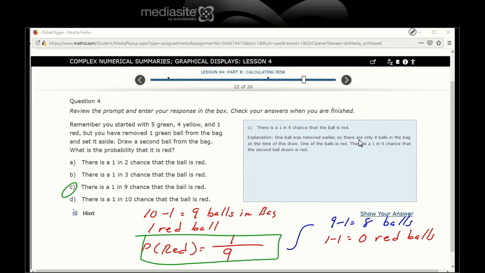So now, what's the probability of pulling a red ball out? Well, there's 0 chance, there are 0 red balls left. Zero. Just for extra information. Okay, what's the next question?